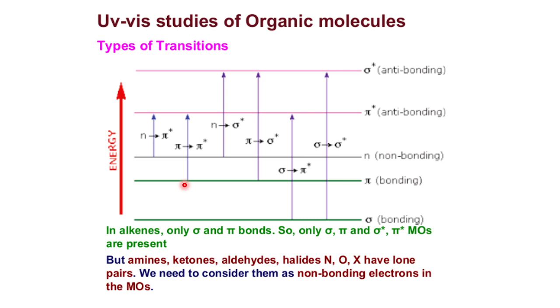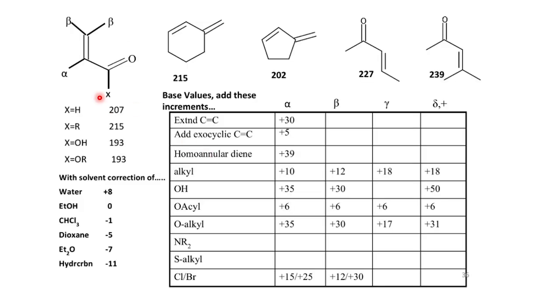When the energy is increased, the modified pi to pi star gap will be reduced. That means the peak position will be shifted to higher wavelength. So you will get the absorbance peak at a higher wavelength when the electron density increases in the bonding orbital. That's why from hydrogen to any alkyl group, you will get 207 to 215. That means 8 nanometers will be shifted towards the red light direction. Is it clear or not? Because this is important.